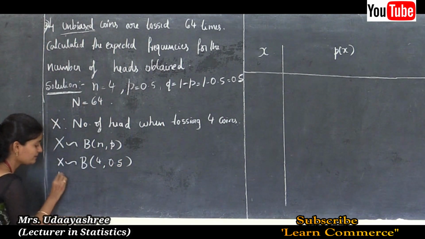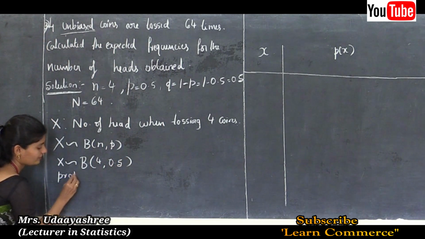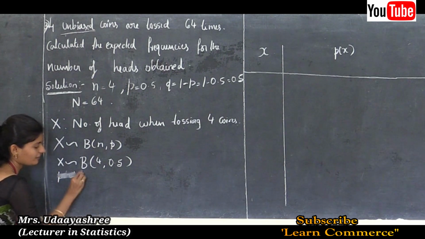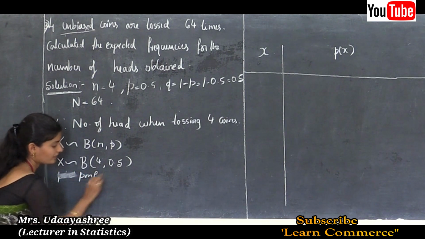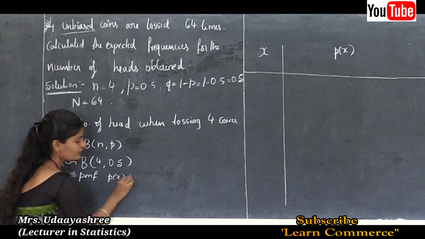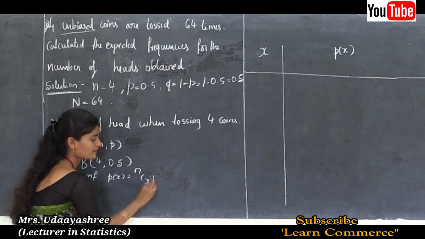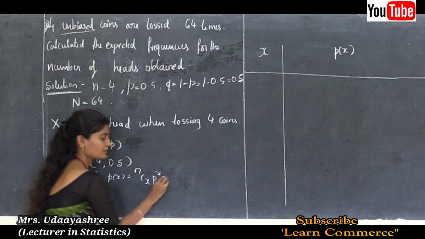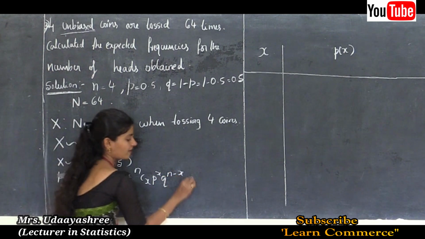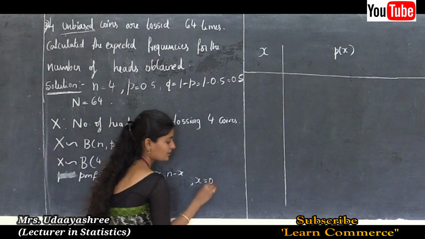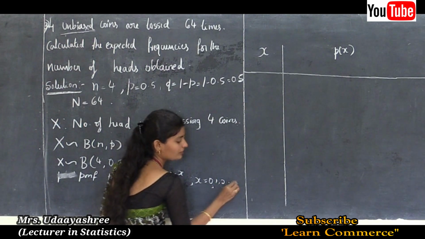Next, the probability mass function, PMF, is P of x is equal to nCx p to the power x q to the power n minus x, where x values are 0, 1, 2 up to n.